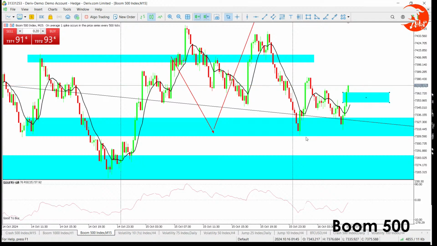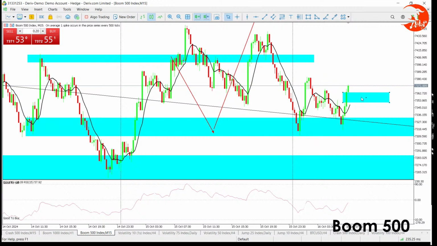So according to M15, we're supposed to break this structure here and get a new high. Once we get a new high, we come later on to mitigate liquidity left back here, or to retest these fair value gaps, and when we head over, we continue for the buys.